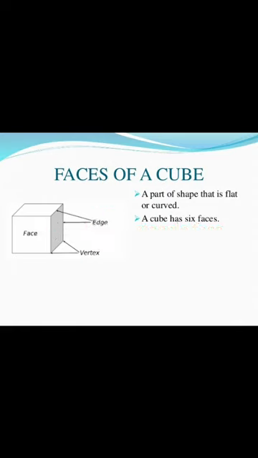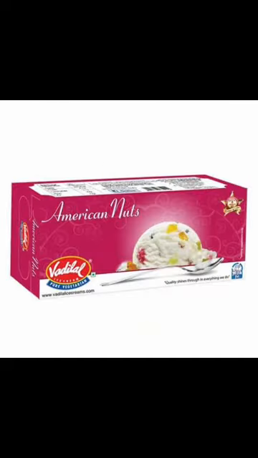So this is the major difference between the cube and the cuboid. Can you think of any example of a cuboid? Bricks, ice cream bricks. These are the examples of a cuboid. Whereas dice, sugar cubes, ice, these are the examples of cubes.